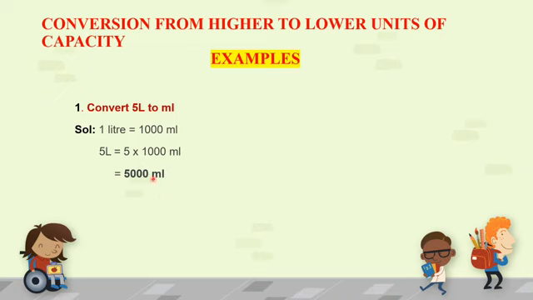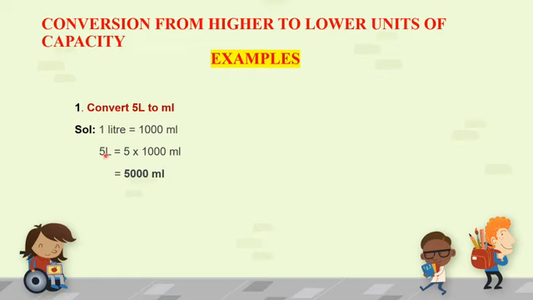Simple. First step, find out the relationship between the units, liter to milliliter. That is higher unit to lower unit, and higher to lower we multiply. Then find out the relationship between the units. 1 liter equals how many milliliters? 1 liter equals 1000 milliliter.